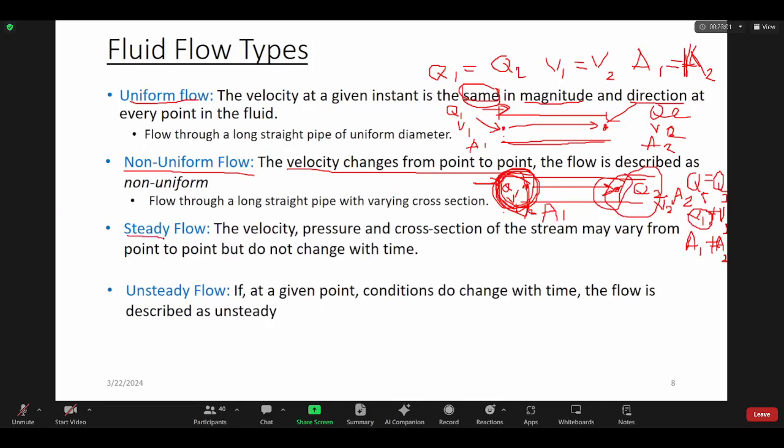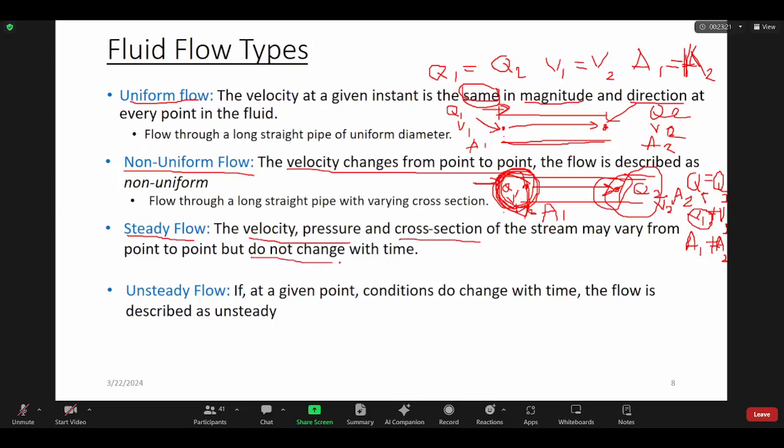So steady flow means main flow parameters don't change with time. Main flow parameters, velocity, pressure, cross-sectional area of the stream, may vary from point to point, but do not change with time.